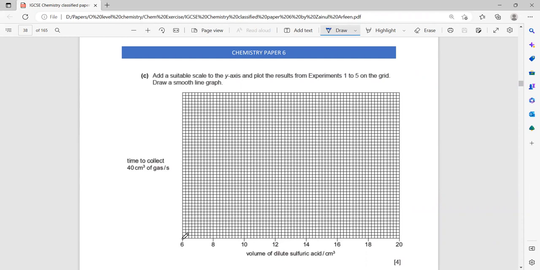A suitable scale is needed, so I can start with 10, then 20, 30, 40, 50, 60, 70.